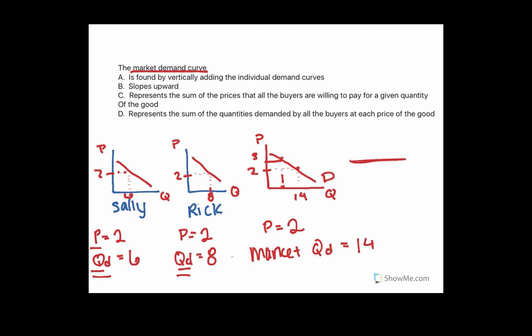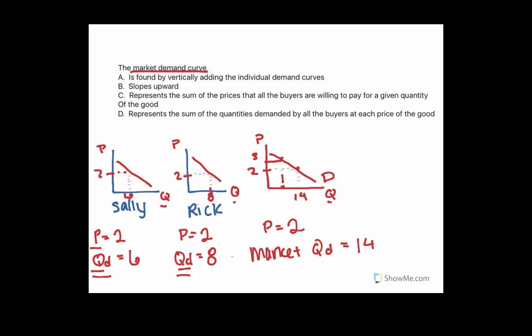Horizontal is flat like that, and vertical is like this. So we associate horizontal with the quantity and vertical with the price. And so is the market demand curve found by vertically adding the individual demand curves? No, it's found by horizontally adding the individual demand curves, because once again, quantity is on our horizontal axis.